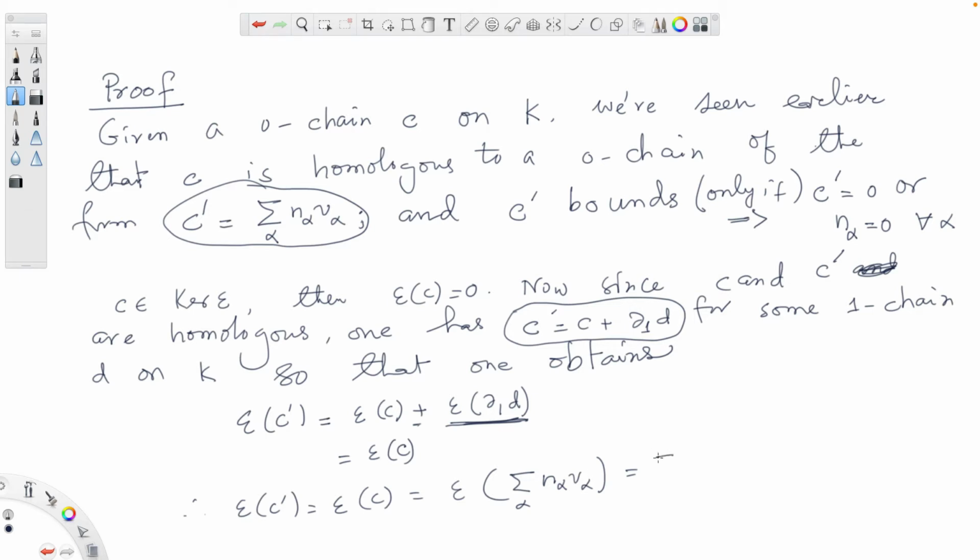So this is just the sum of all n alphas, and since c is in the kernel of epsilon, this has to be zero. Okay, so we number this equation number 5. So we get that the sum of all the integral coefficients in this linear combination is 0. Okay, so this is an important equality.